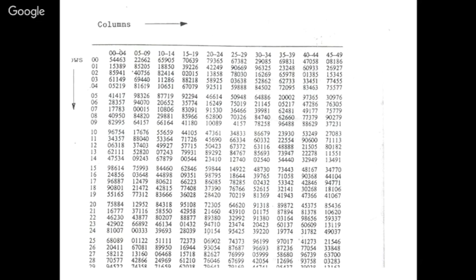For example, if I select the 15th to 19th column and row number 5, my population is of 3 digits, so I have to take the first 3 digits, that is 922.